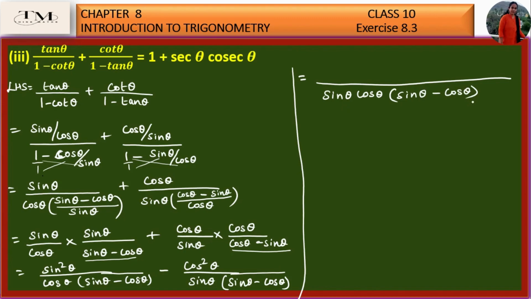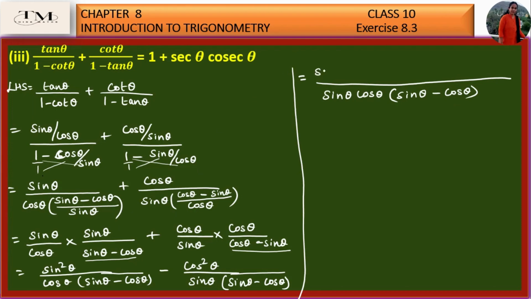If we take everything in the denominator, what should you multiply with the numerator? What is missing here? We have cos theta, sin theta and sin theta minus cos theta. Cos theta and sin theta minus cos theta are there. Only sin is missing, so you have to multiply with this sin.